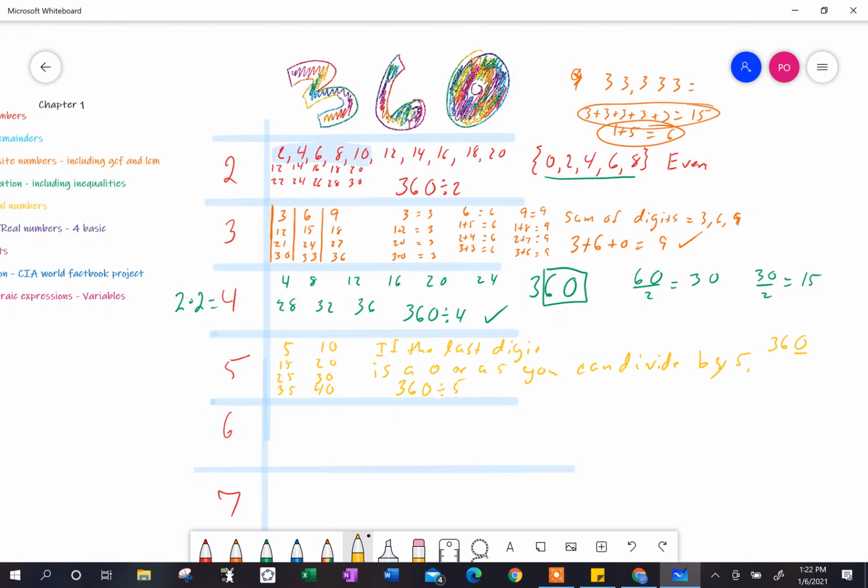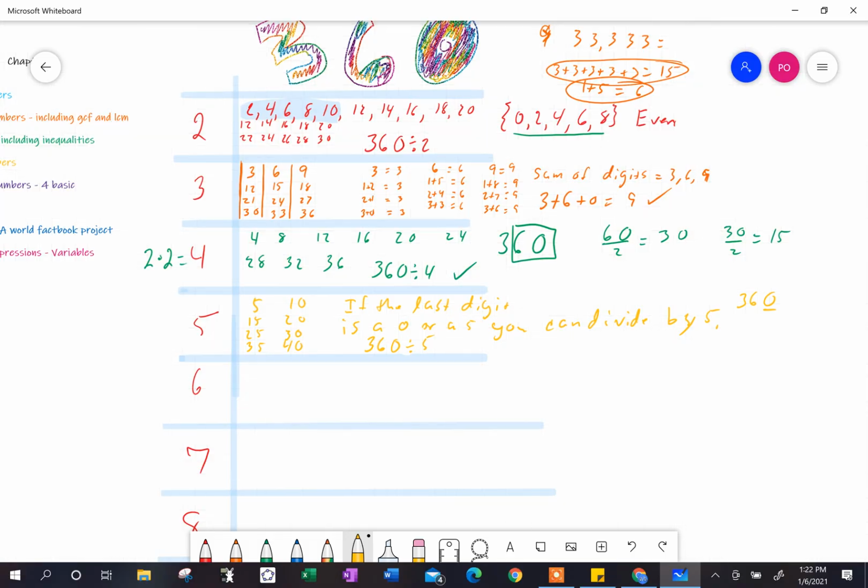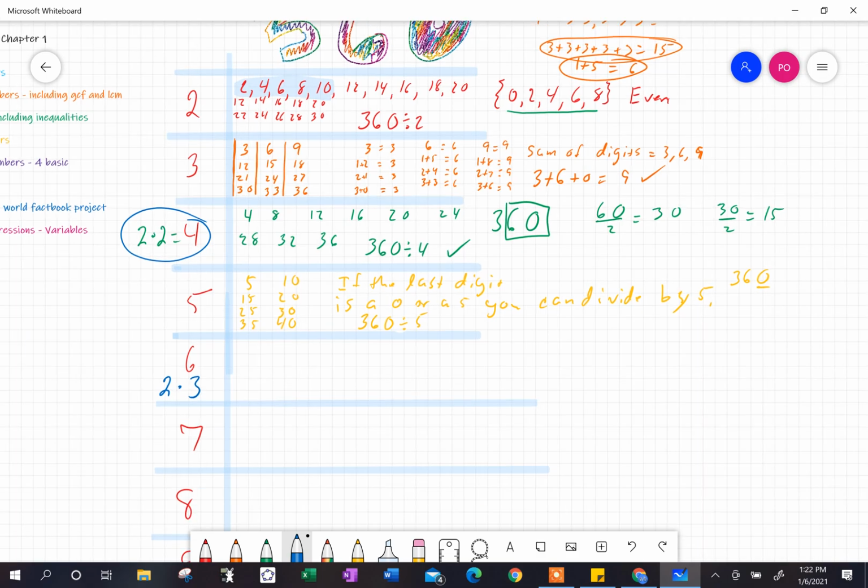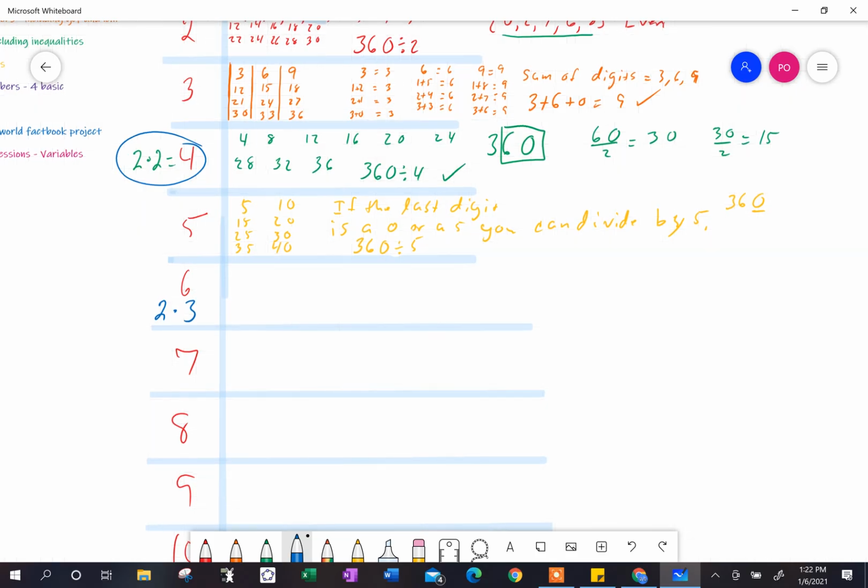Now, take a look at the number 4. We said that 4 is really 2 times 2, so if we can divide the number twice, we're in good shape. 6 is really 2 times 3. So, if the rules for 2 apply and the rules for 3 apply, then it can be divided by 6. Is it even?